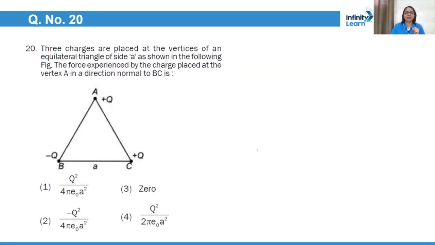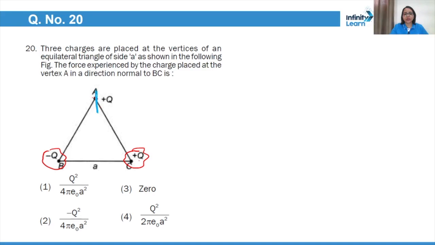Question number 20. We have three charges plus q, minus q and plus q placed like this, and we need to find the force experienced by the charge placed at the vertex A in a direction normal to BC. That means we need to find the force in this direction on this charge, right? If you look at this, this is your dipole, right?